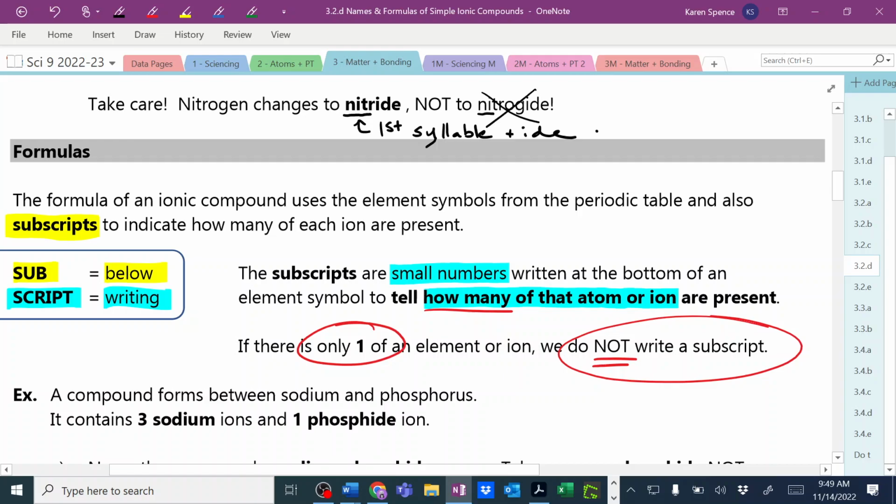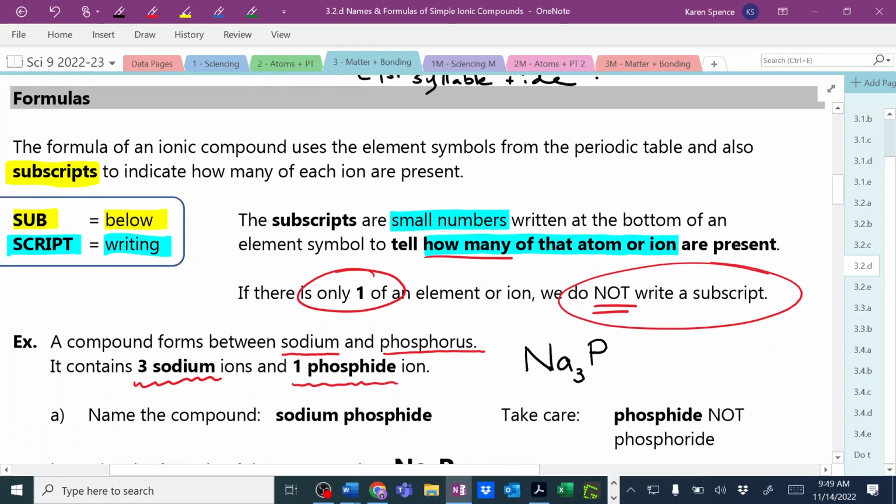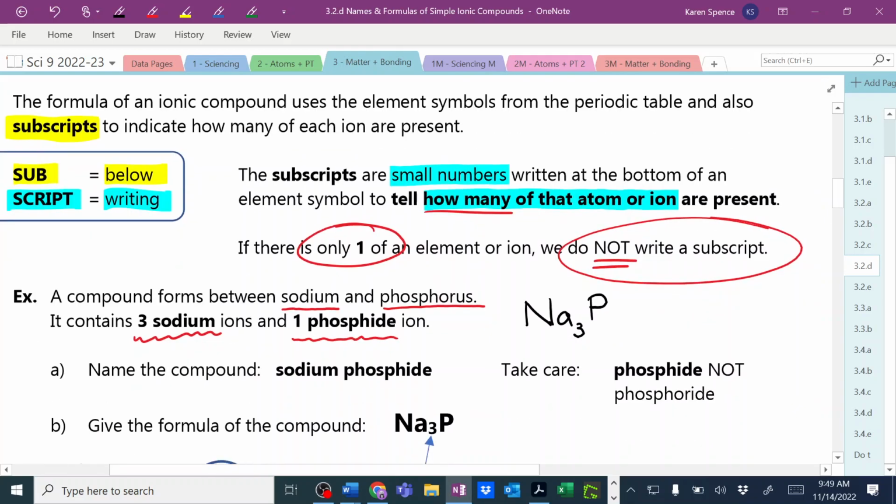So if I tell you a compound forms between sodium and phosphorus, and if I tell you it contains 3 sodium ions and 1 phosphide ion, what's the symbol for sodium? Sodium is Na. And what we're going to do to show that there are 3 of them is we're going to write a little 3 down at the bottom. And phosphide, we're going to write a P. Okay.